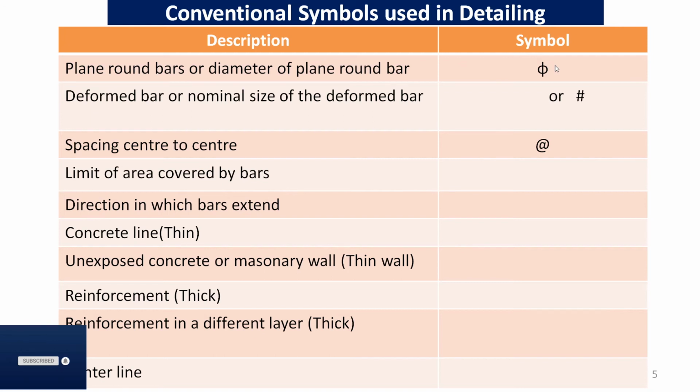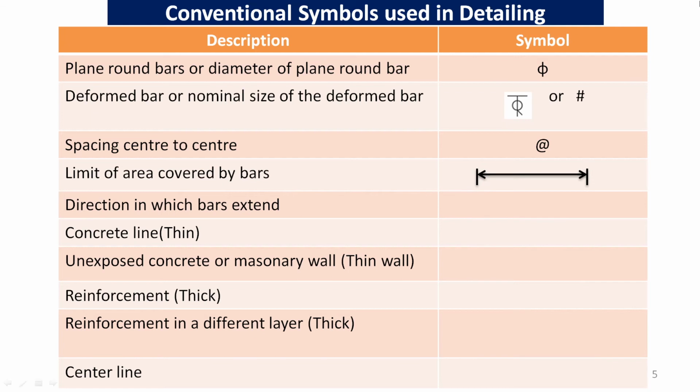For a deformed bar, that is Fe415 and Fe500, you can use either this symbol or this symbol. Usually this symbol is not used much here in India, so we use this symbol, that is hash.